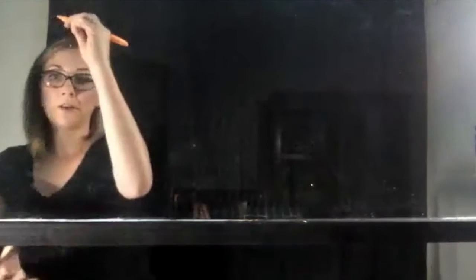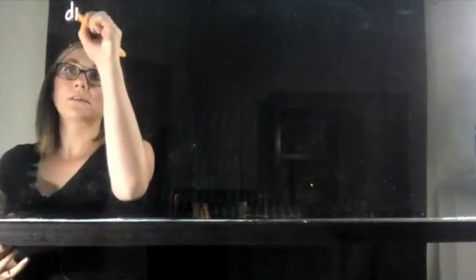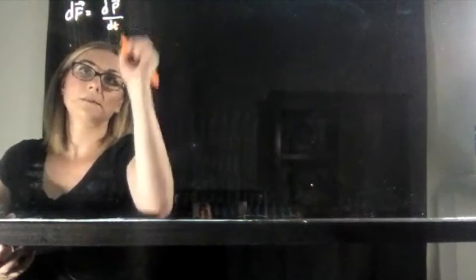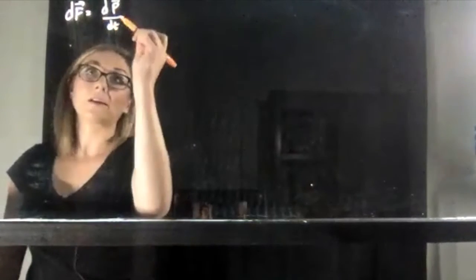Okay, so now we want to combine our left-hand side with our right-hand side for the momentum equation. If you remember, what we were looking at was dF is equal to dP dt, right? So we've got our time rate of change of our linear momentum and then our differential force.